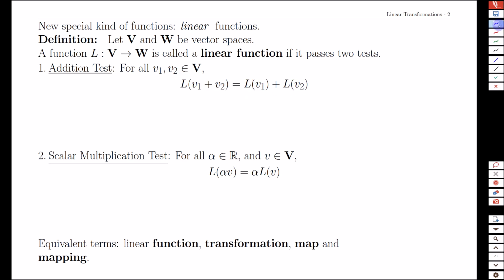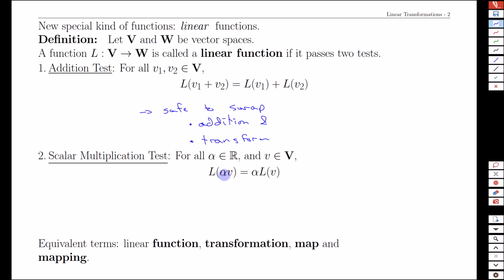Either way is the same, and what that means is that it's safe to swap addition and the transform. I can add first, then transform, or I can transform each first and then add, and that's totally fine.